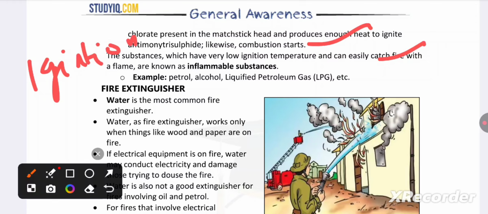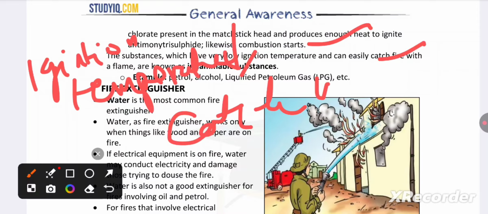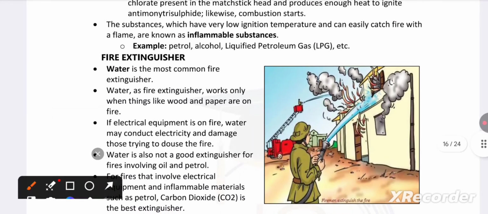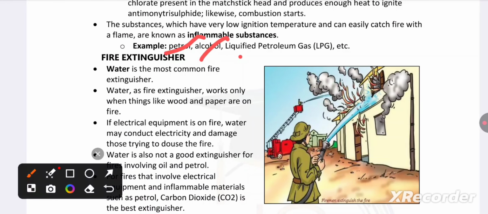Ignition temperature low, catch fire easily; ignition temperature high, catch fire with difficulty. Examples: petrol, alcohol, LPG, these are all inflammable substances. Their ignition temperature is very low. That is an inflammable substance.